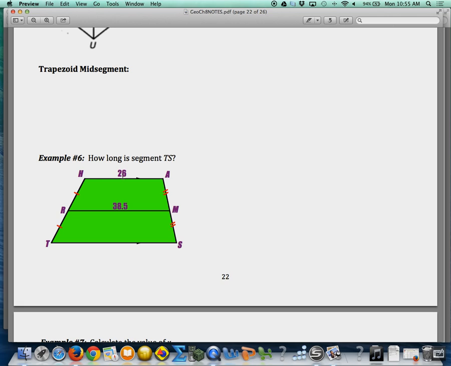It makes the two sides parallel. Okay, it connects. What do you call this point? Midpoint. Okay, so a trapezoid mid-segment is going to connect the midpoints of the trapezoid legs.